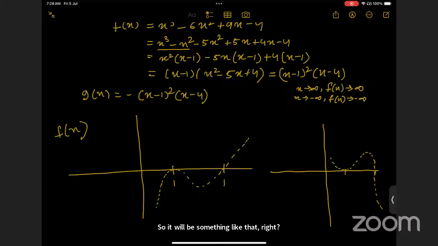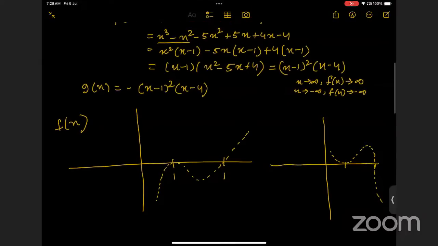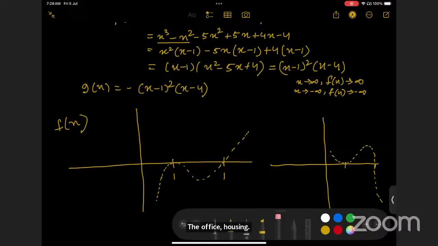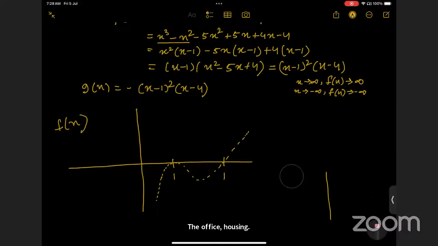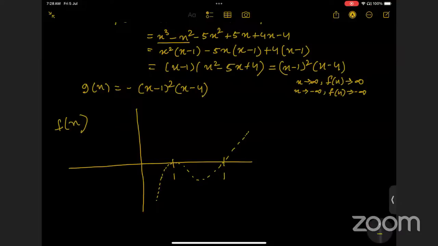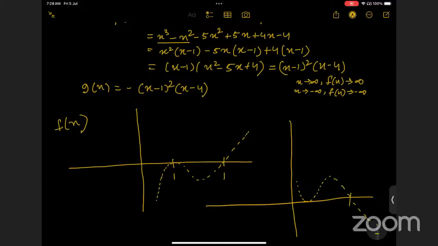The graph is half seen. Now, is it okay?